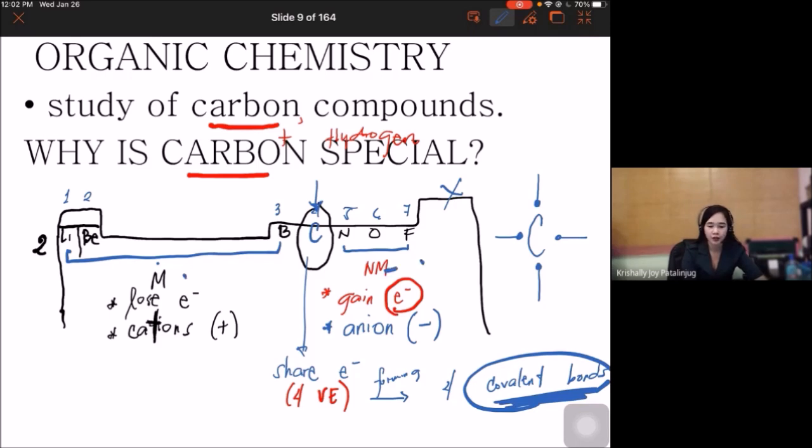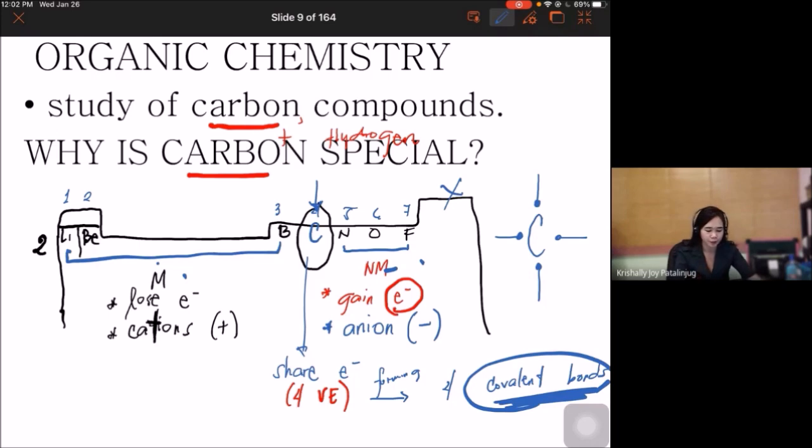Anong klaseng bond yun? Very good. Ionic bond. Ionic yun kasi ions are being combined. Cations plus anions. Okay, so that's one of the properties of carbon. That's what makes it special. It shares its 4 valence electrons forming 4 covalent bonds.